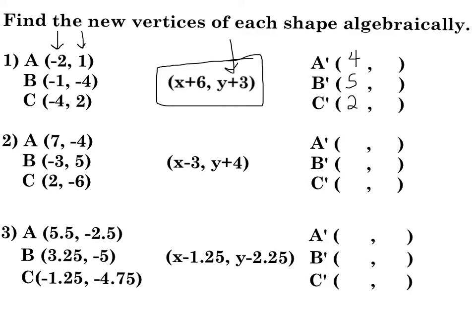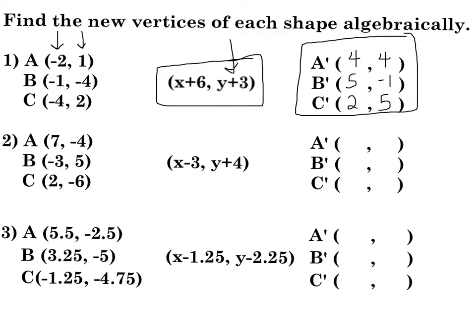So 1 plus 3, -4 plus 3, and 2 plus 3. So if you were to graph this triangle right here, it would be a translation of the original triangle. Go ahead and pause the video, do numbers 2 and 3, adding and subtracting as it says in the translation directions, and then go ahead and start the video to check your answers.